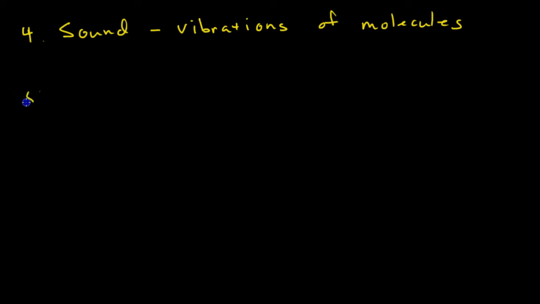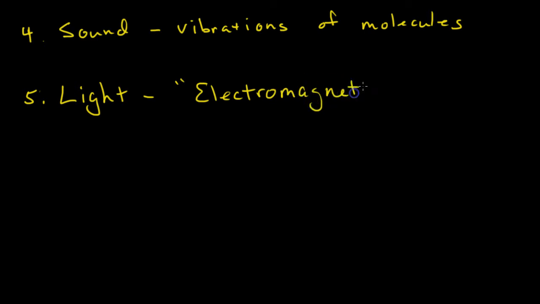And then 5 is light energy. Also could be called electromagnetic energy, and this is all of the different parts of the electromagnetic spectrum that I hope that you're a little bit familiar with from maybe 6th grade. Electromagnetic energy is not just visible light.